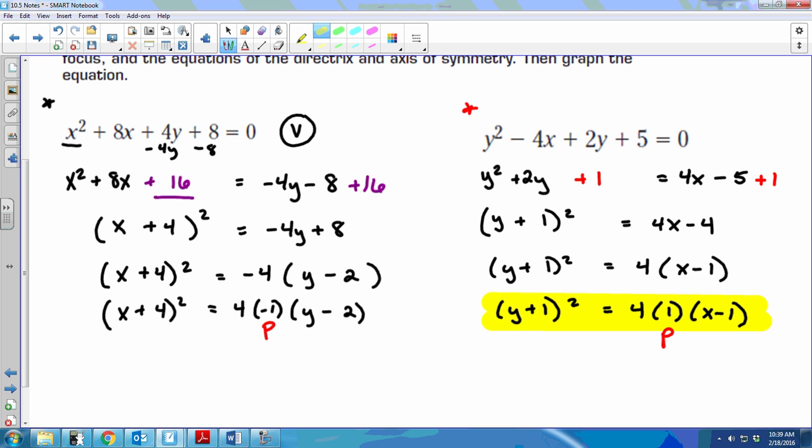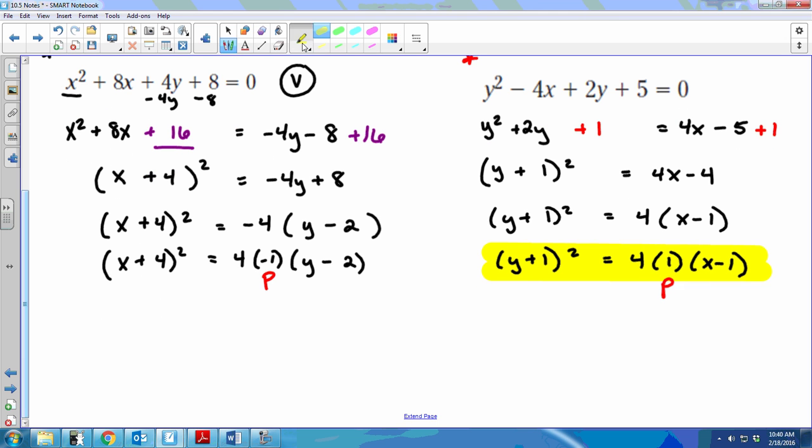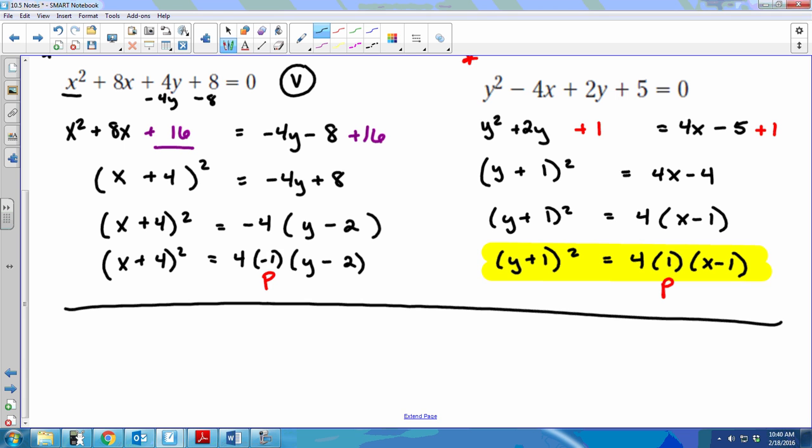The only thing that I will caution you about: the ones I've done today are all nice and neat, where there's some obvious choice for p. I'm going to make up an equation real fast. Let's say we have x plus 7 squared equals y minus 5.